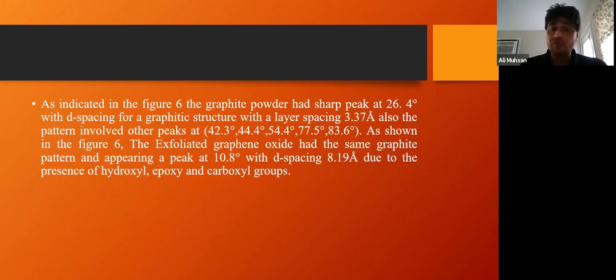The exfoliated graphene oxide had the same graphite pattern and a peak appearing at 10.8 degrees with a d-spacing of 8.19 angstrom, due to the presence of hydroxyl, epoxy, and carboxyl groups.